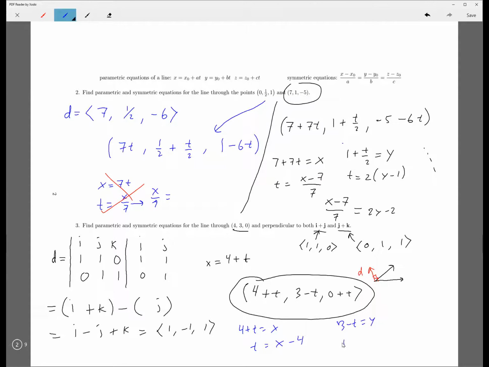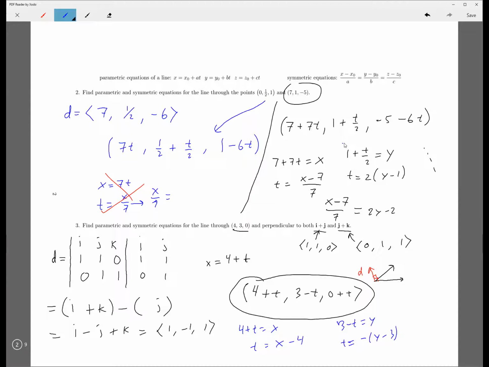That means that t is going to be the negative of y minus 3. Okay, so let's see. It looks like the second answer. Yeah, it's the second one. Yes, my WebAssign agrees.